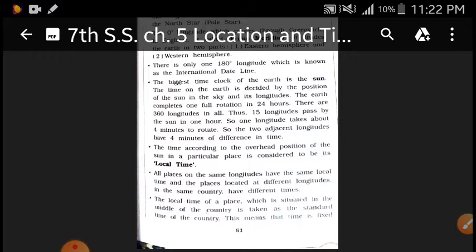In the textbook there are figures of the world map that I have shown earlier. Then there are 1 or 2 activities mentioned, on how to measure angles with the help of a protractor, as well as how to measure the angle of the moon or the north star from your place. You can read that activity and make that instrument yourself.